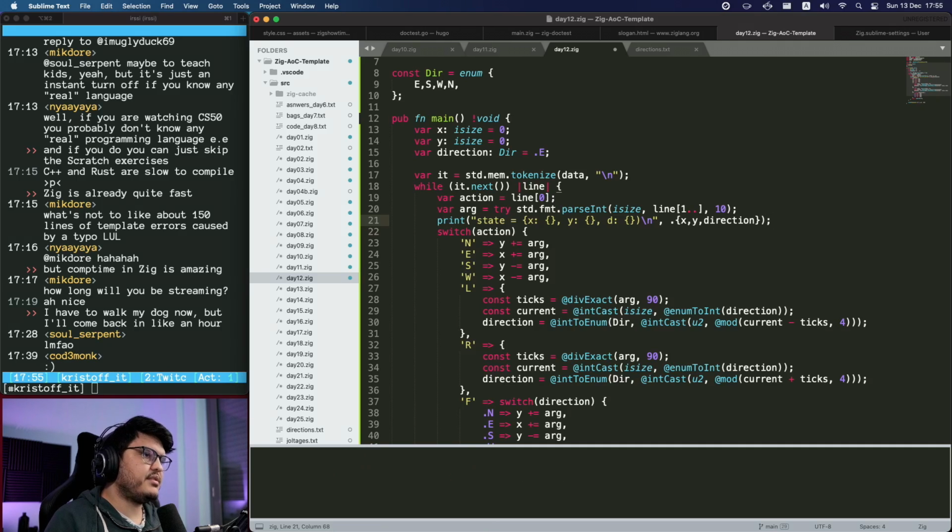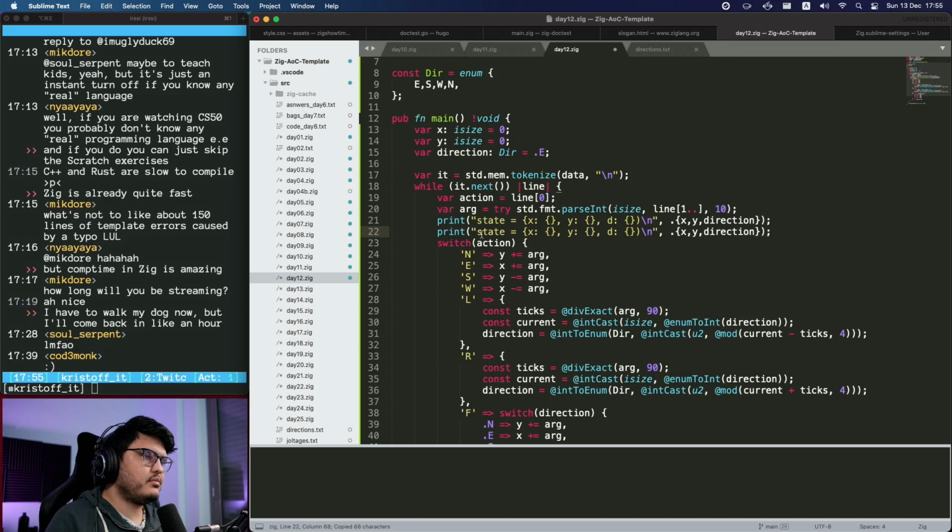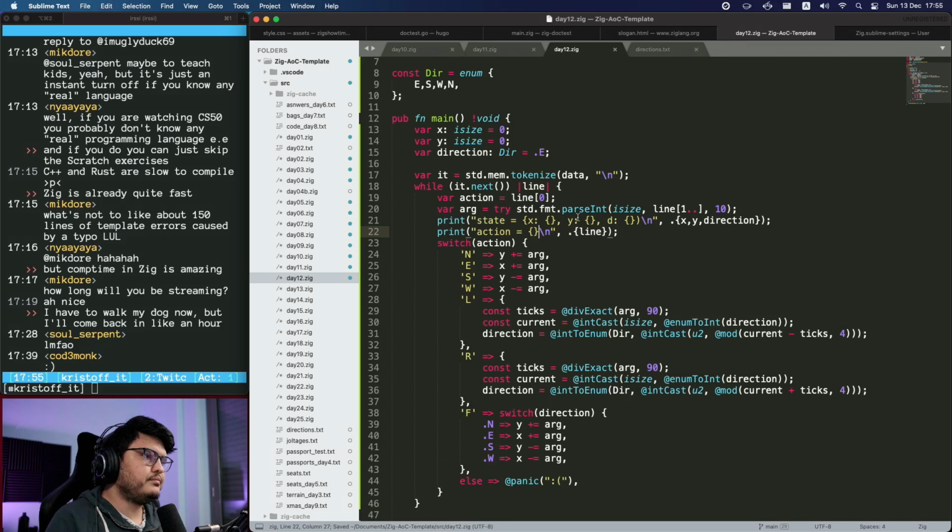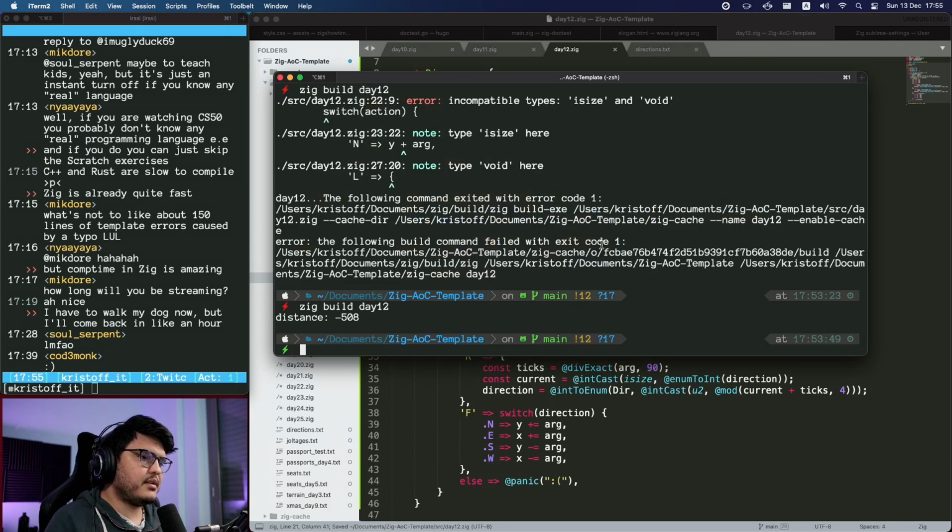So we print the state and then we print the action. Action equals, line. And then we print, and that's it. And we keep doing this.